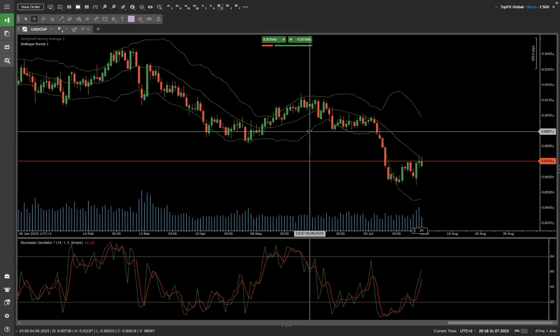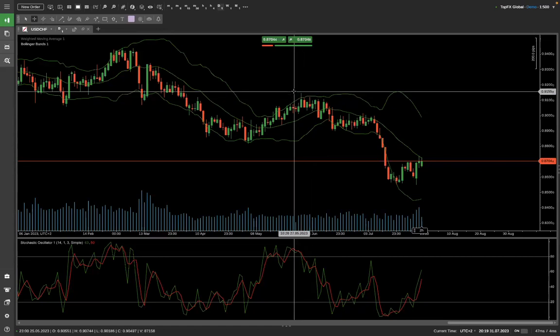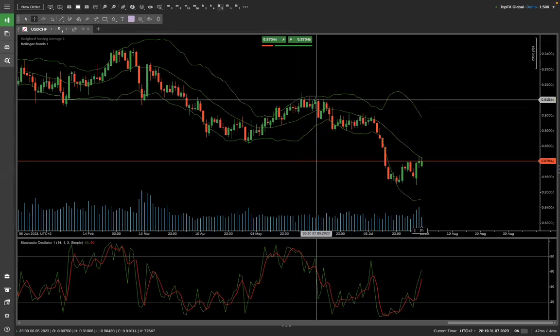A stop loss is, of course, a predetermined price level at which a losing trade will be automatically closed, right? So when using the stochastic indicator, it's crucial to place your stop loss based on the specific trade setup and the risk tolerance. For example, for long trades, you set the stop loss below the recent swing low or a significant support level.